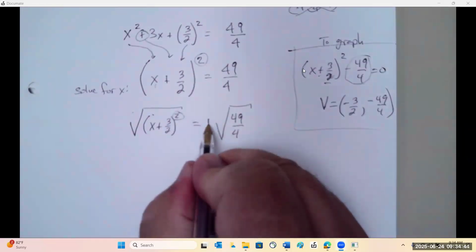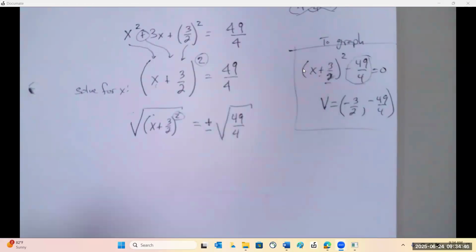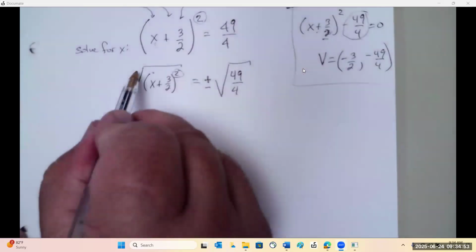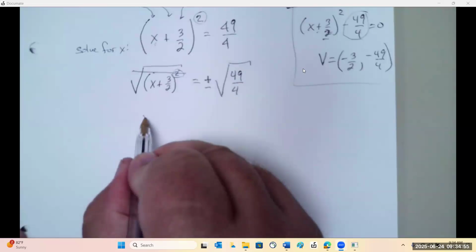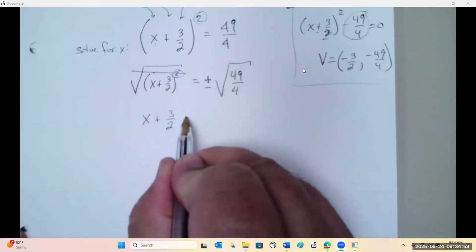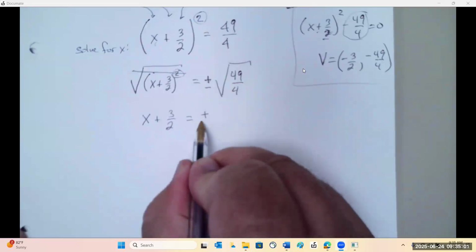We have to put a plus or minus in front of here. Again, the reason why is in the video yesterday. So the square root and the square cancel. So we have x plus 3 over 2 equals plus or minus.